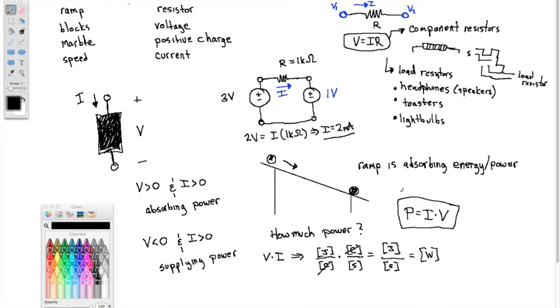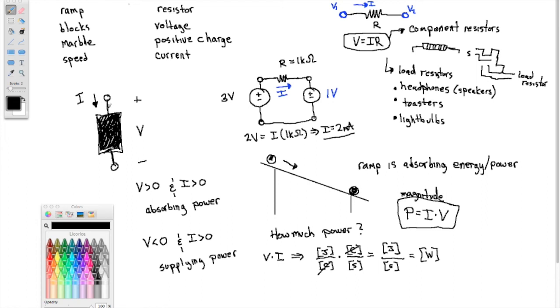So this tells us how much power, but it only tells us the magnitude of the power. It doesn't tell us whether it's absorbing or supplying. We have to deduce that from the circuit. We have to use reasoning.